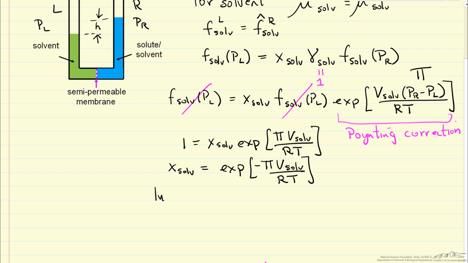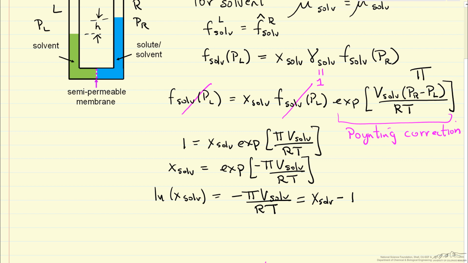So we have the log of the mole fraction of the solvent, and then on the right side we have this term. Well, it turns out there's a mathematical simplification that the log of the mole fraction of the solvent, when that mole fraction is close to 1, can be approximated by just the mole fraction of the solvent minus 1.